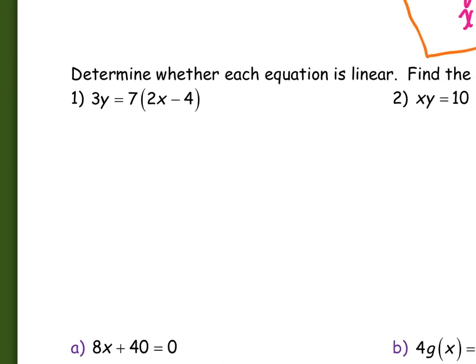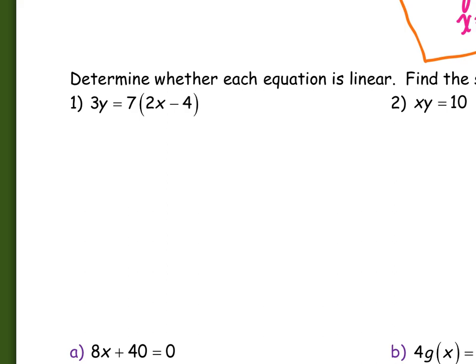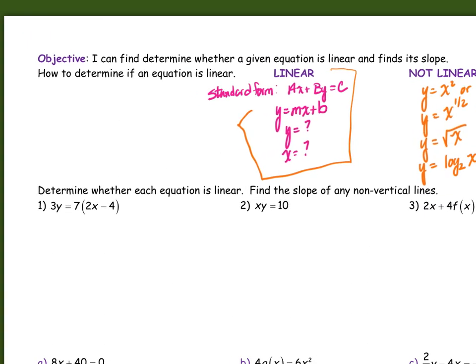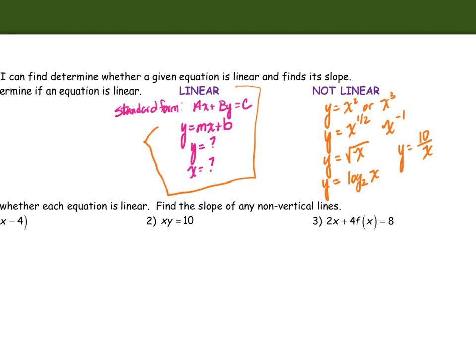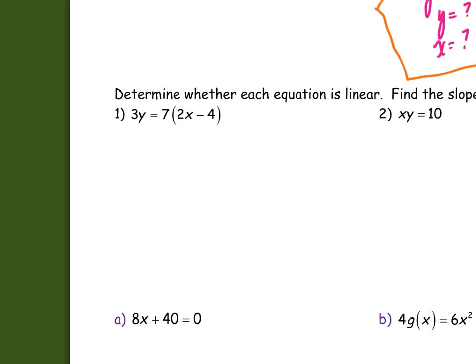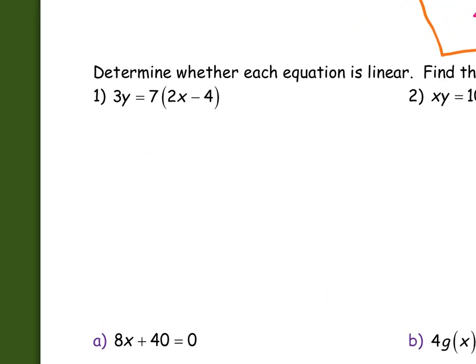So let's look at number 1. So I think probably the easiest, if most of our definitions up here, as I scroll back and forth, most of our definitions that I've given you are y equals something, right? So let's try and get the y by itself, and then let's look at it. So let's look at number 1.